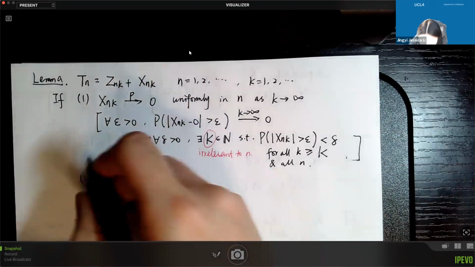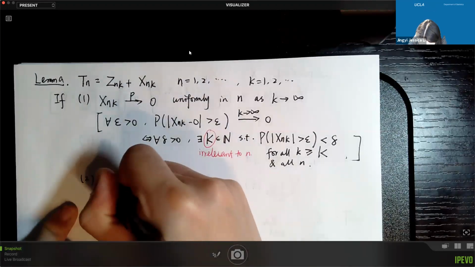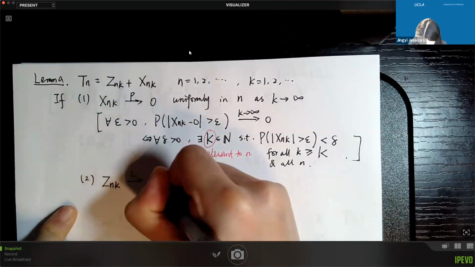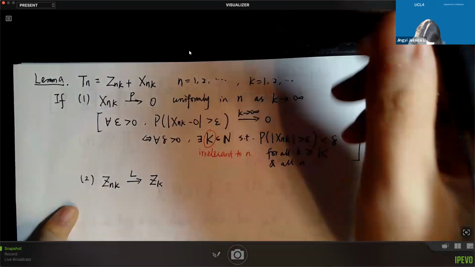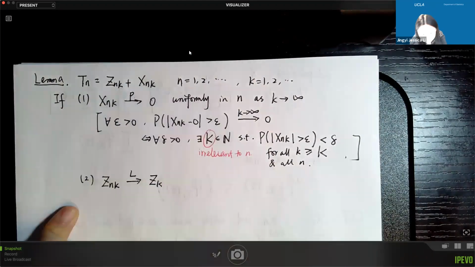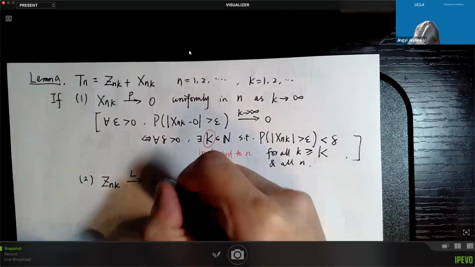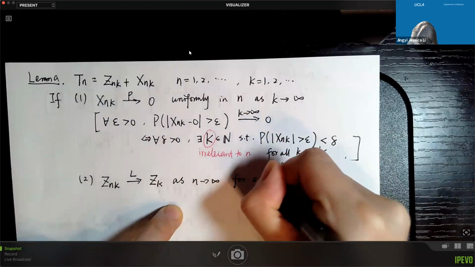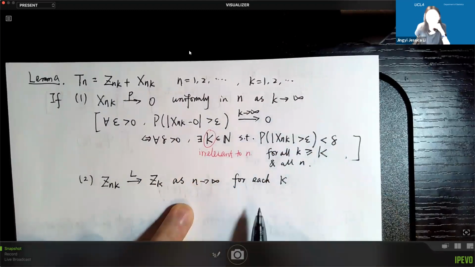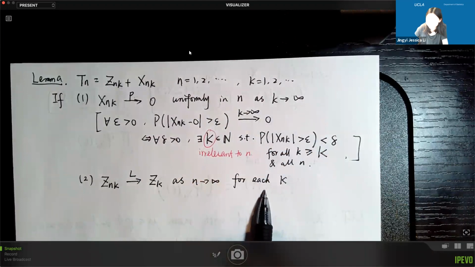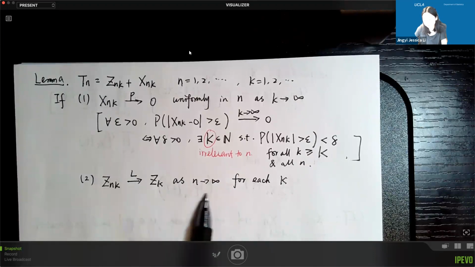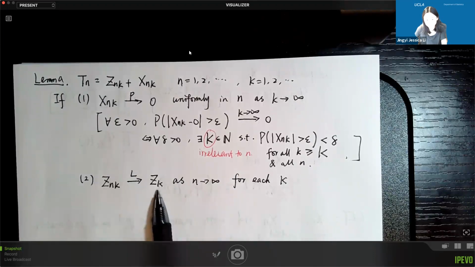First of all, Z_{n,K} converges in law to Z_K as n goes to infinity for each K. You see, here I'm not saying uniform for K, but for each K, because the limit is still depending on K. So I'm only getting rid of n by letting n go to infinity, but K stays here.